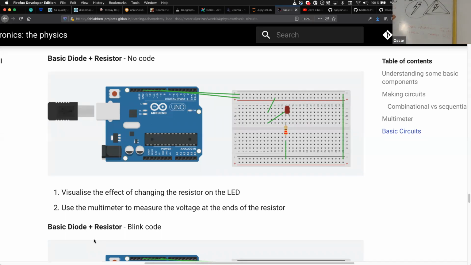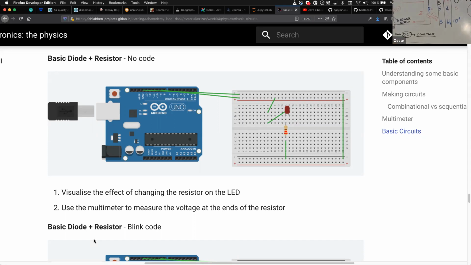You will see the relationship: if it's 5 volts and this value, for instance, is 1 million, then the current will be very small, and this LED will shine less. Okay? Let's start, and then we'll make this circuit a little bit more complex.